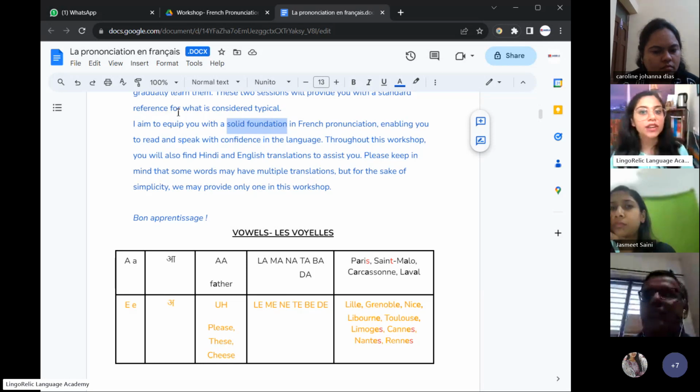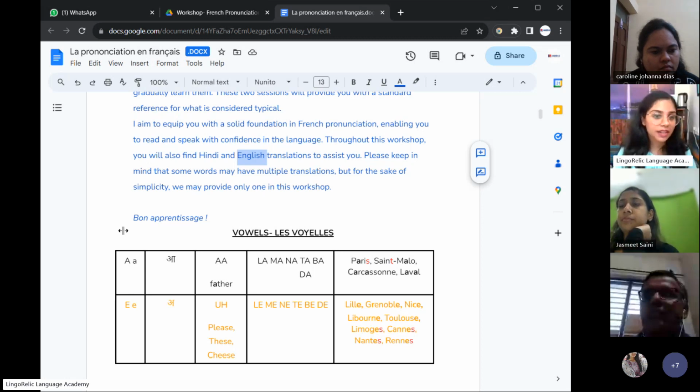But please don't forget that everything is accompanied by exceptions, and we will come across some of them within this session as well. Throughout this workshop you will also see some Hindi and English translations in the document itself, which will help you understand the pronunciation.